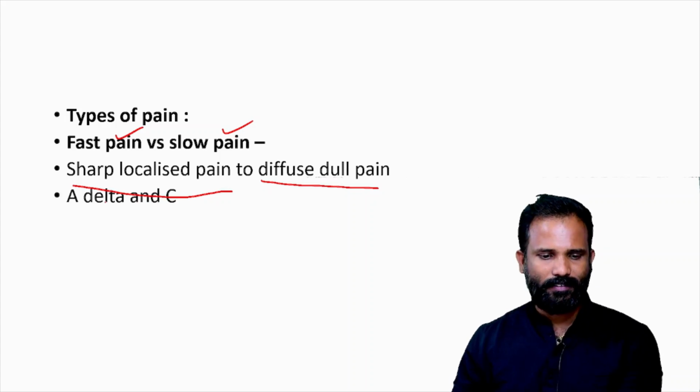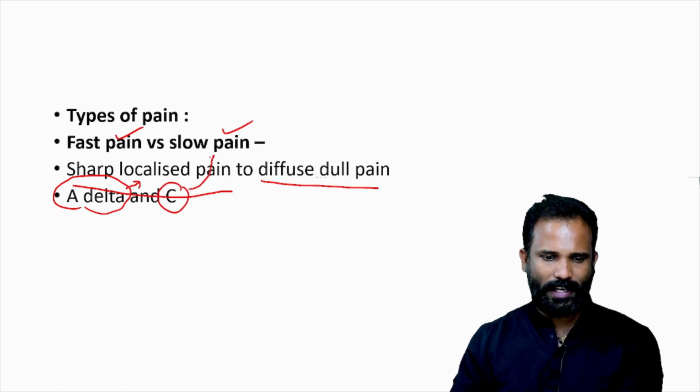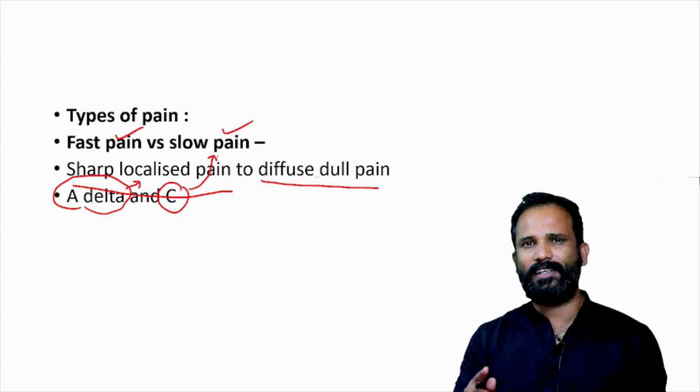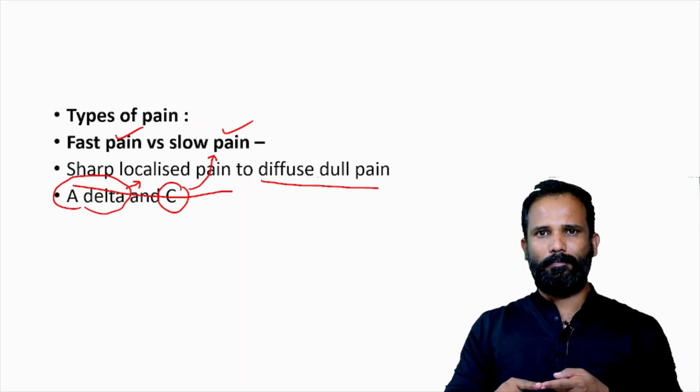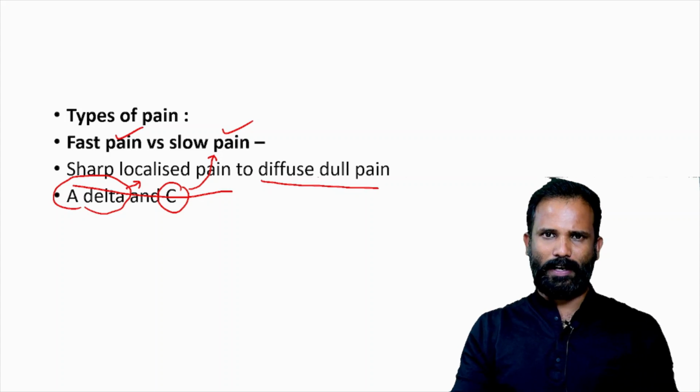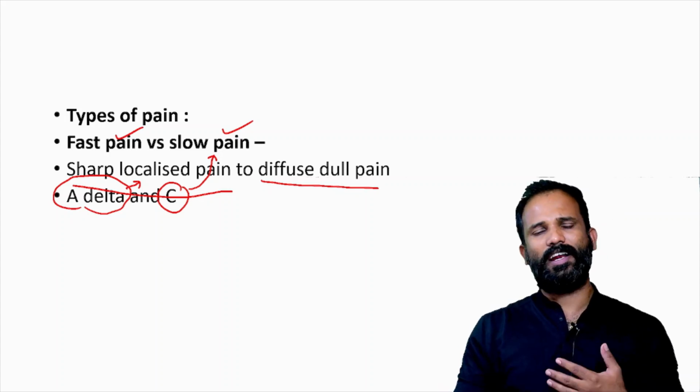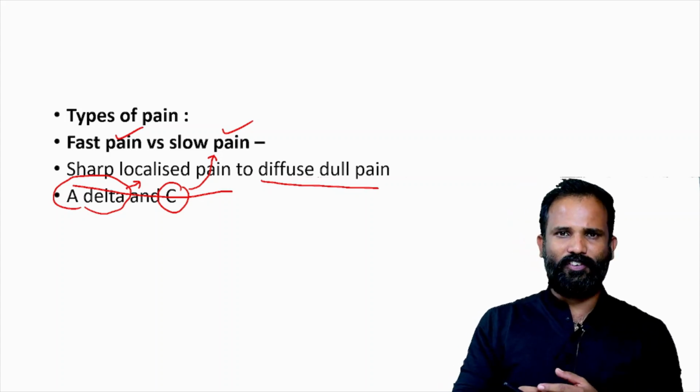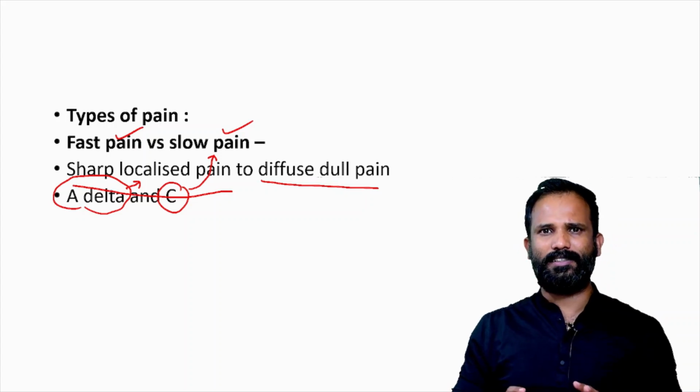A delta fibers carry the fast pain and type C fibers carry the slow pain. A delta is a myelinated fiber and can carry the pain sense fast, whereas type C fiber is unmyelinated and carries a bit slower.